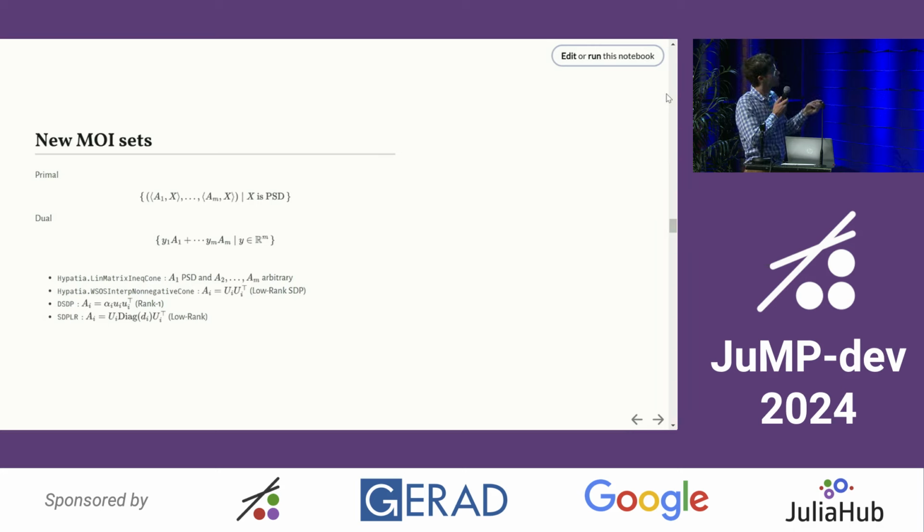The DSDP solver that I used in the previous benchmark supports that the Ai are any rank 1 matrices, and they can also be not PSD because you can use any scalar here that can also be negative. And the SDPLR solver also supports low rank constraints. And here it doesn't have to be rank 1, it can be higher rank as well.